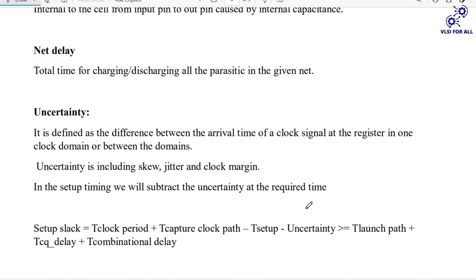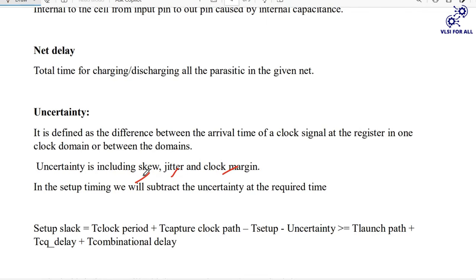What is the uncertainty? It is defined as the difference between the arrival of a clock signal at the registers in one clock domain and between domains. Uncertainty is a combination of skew, jitter, and clock margin. What is skew?